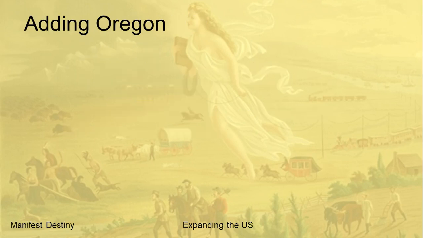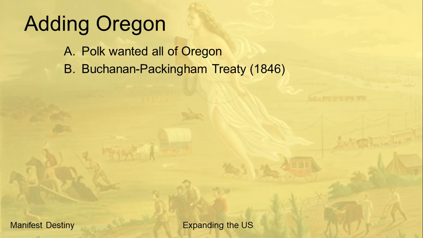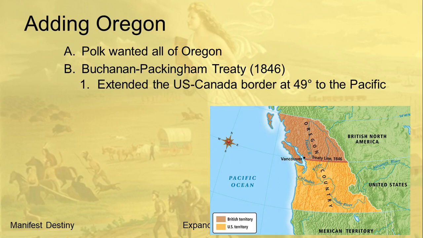Now, Polk is going to become president, and one of his issues was Oregon, and he wanted all of Oregon. And so in 1846, we're going to sign a treaty with Britain. He didn't get all of Oregon. Instead, what happened is we got basically half.